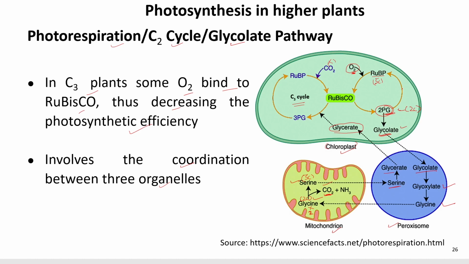So initially 3-phosphoglyceric acid is produced, which is a 3-carbon compound, and along with this a 2-carbon compound, phosphoglycolate, is also produced. Then phosphoglycolate is converted into glycolate, and the rest you can see in this diagram.